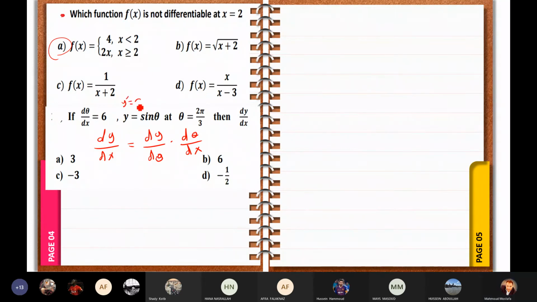It will be cosine theta. And theta is 2 pi over 3, so cosine 2 pi over 3. Multiply d theta by dx, it's given, it's 6. Cosine 2 pi over 3 is what? Negative half. So negative half multiplied by 6, which is negative 3.